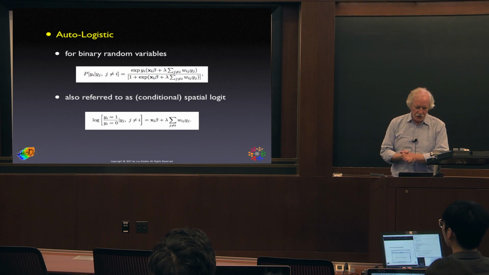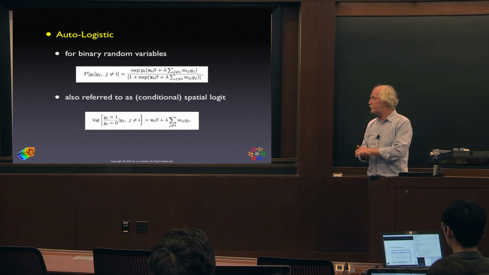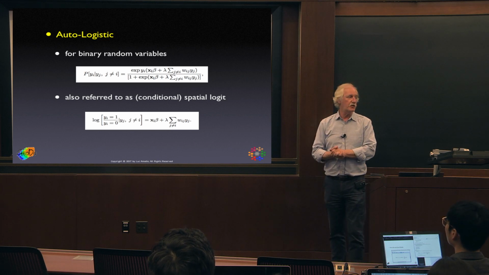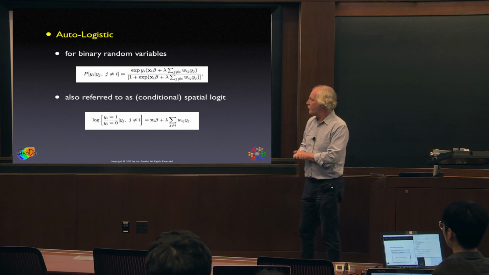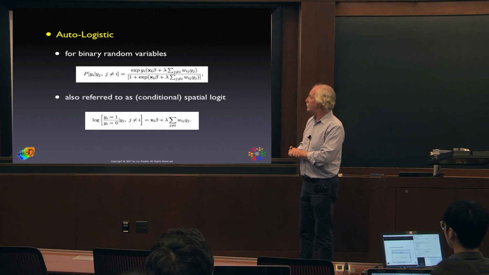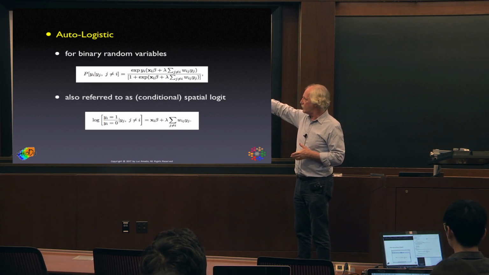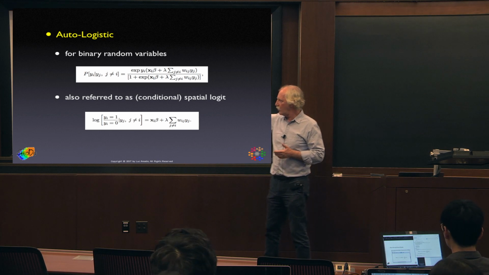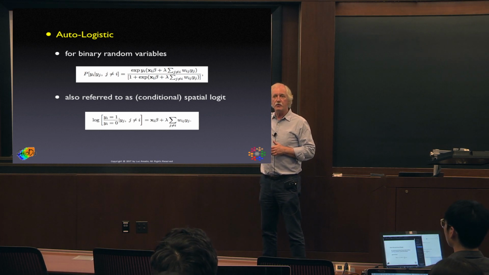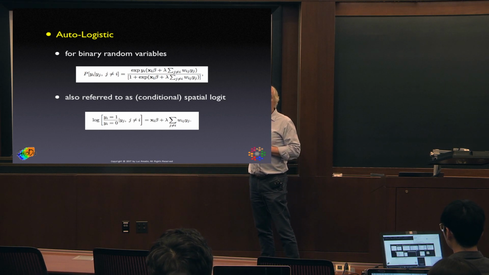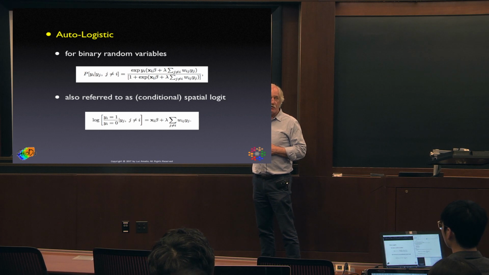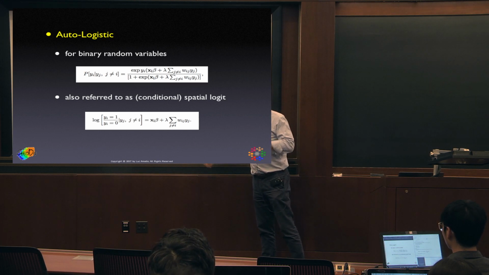So for binaries, we have this autologistic or conditional spatial logit model, which has seen some application. So it's a little bit complicated, but in the end it's not, because the logit, so the log odds, are a linear function of the usual explanatory variables, and then this autoregressive term.